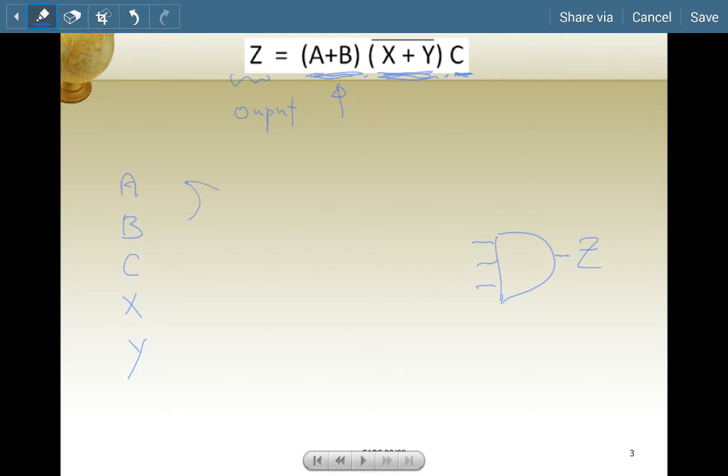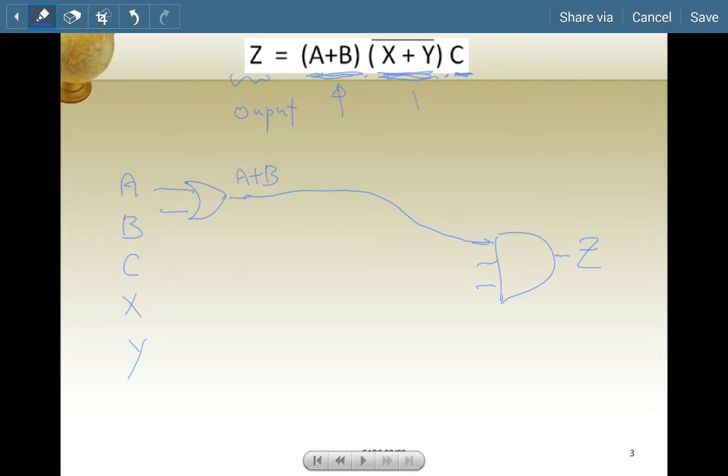So you draw an OR gate, and the inputs are A and B. You can indicate here, this is A plus B, correct? So great, you have one of the inputs ready to be fed into the next stage.